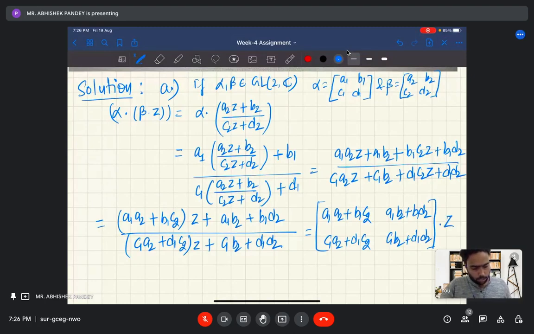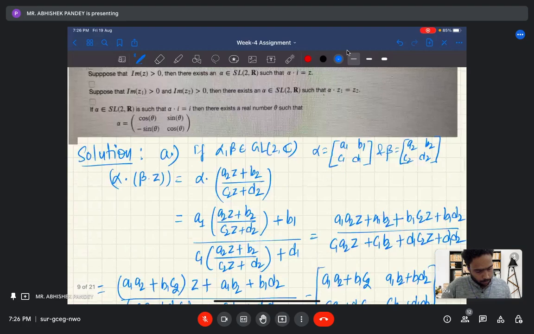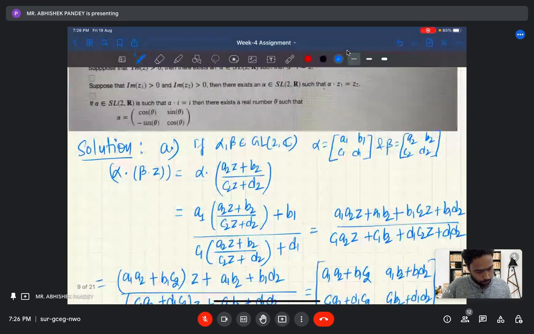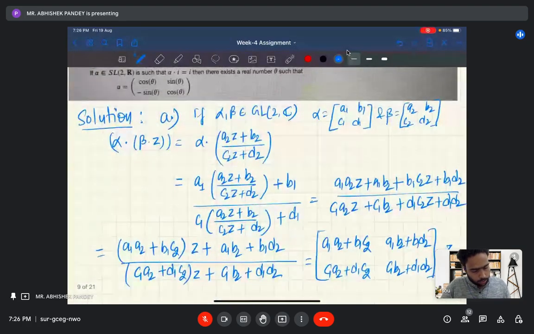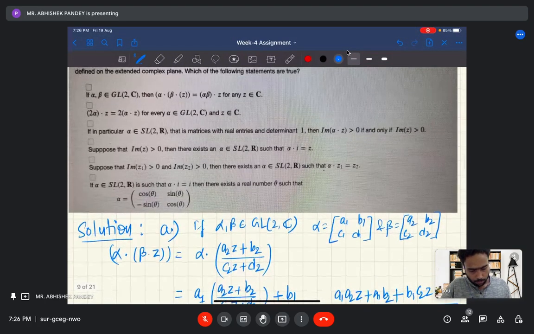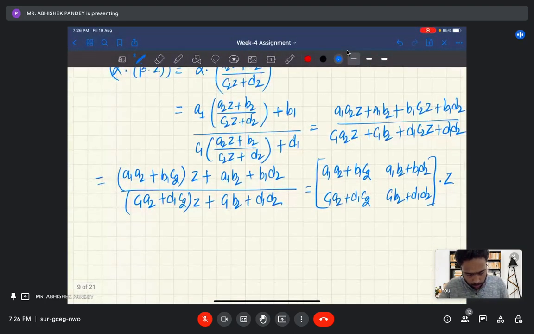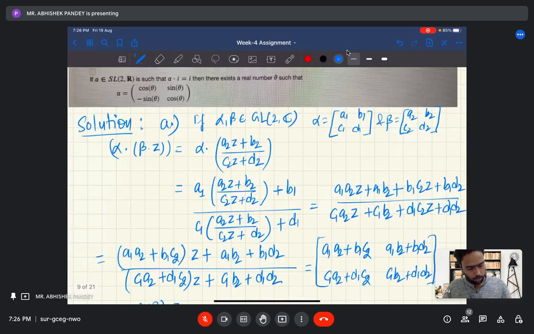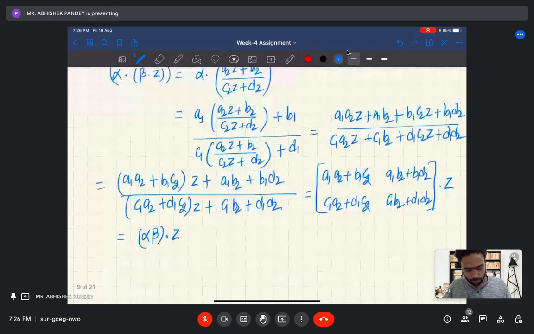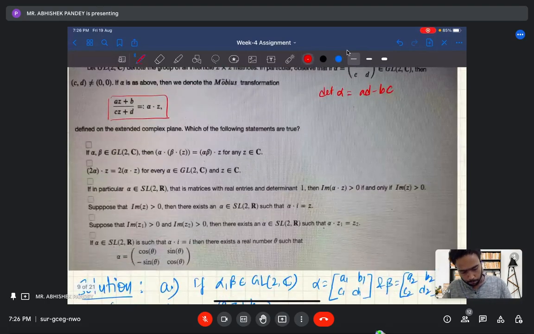Now you can see that this is nothing but alpha into beta. This quantity is alpha beta dot z. So alpha into beta is this. So this option is true, the first option.